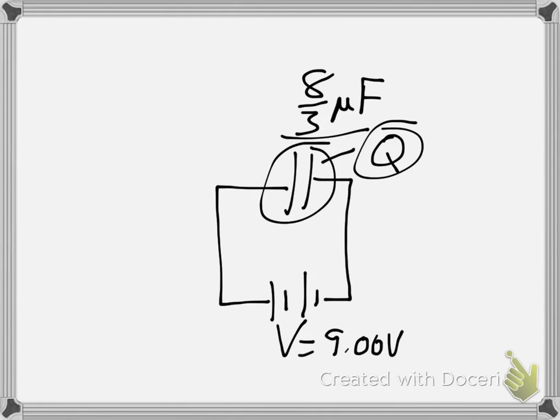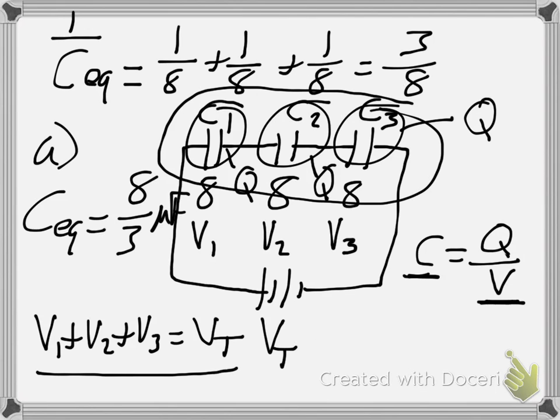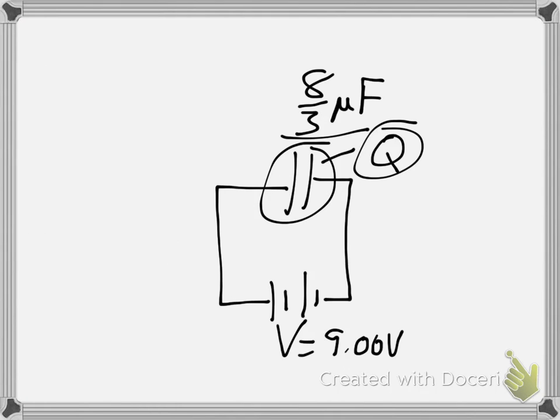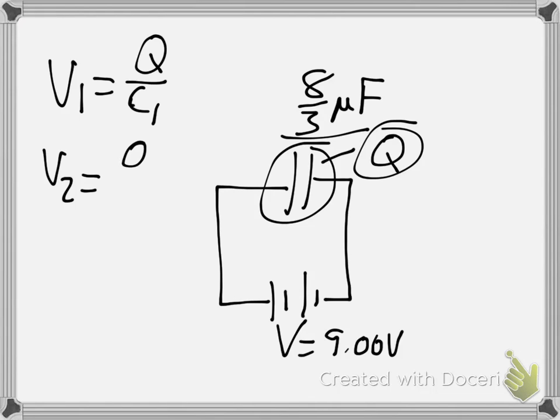Okay? And then from there you can apply C1 equals Q over V1 to solve for V, and so V1 will equal Q over C1, and V2 will equal Q over C2, and so on.